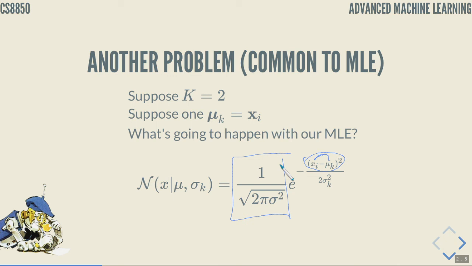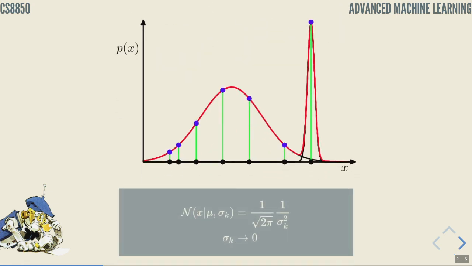Not the probability density, but the probability at this point. So let's split this expression we just saw, which is otherwise just a normalization constant, but now because x and mu are equal, we get this.